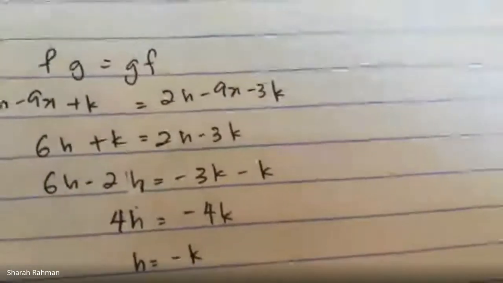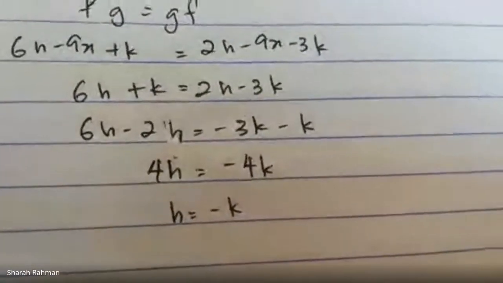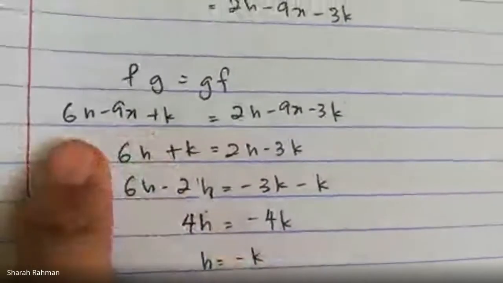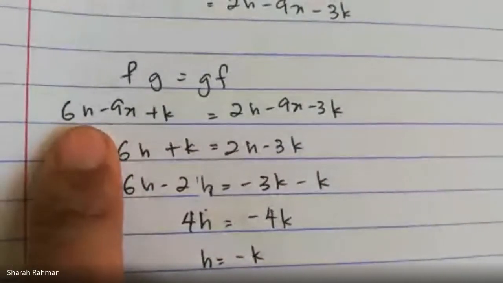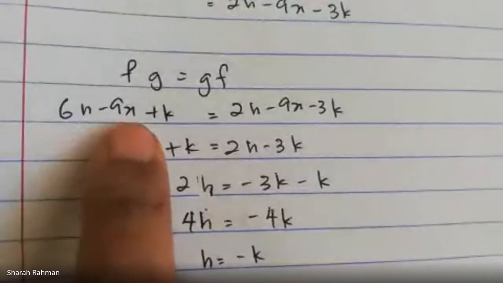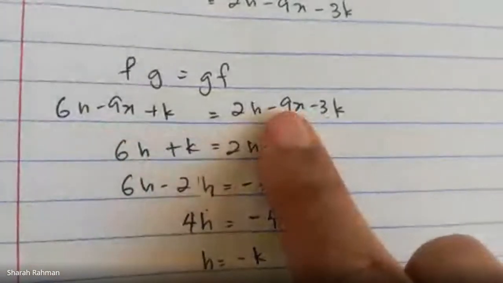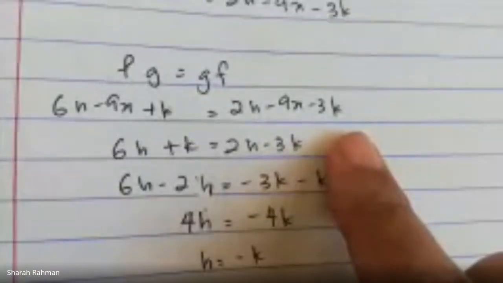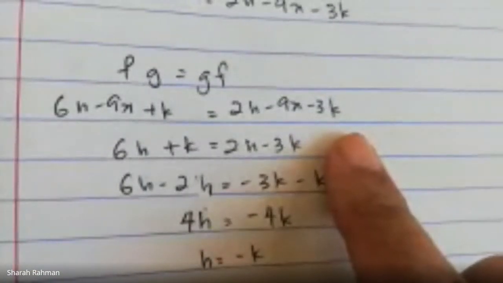we do the comparison because the question gives fg equals to gf. So we find fg, which is 6h minus 9x plus k, and we find the gf, which is 2h minus 9x minus 3k. Then we do the simplification.